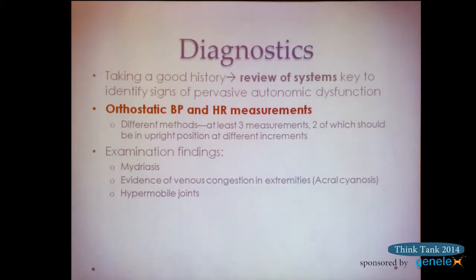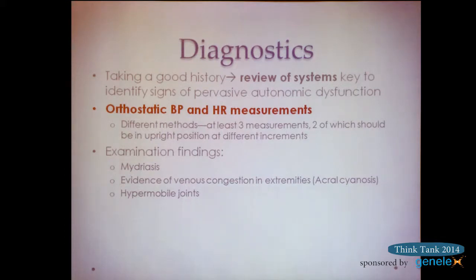There's evidence of venous congestion in the extremities in some patients, so you see this purpley, slightly congested, edematous looking lower extremity. Usually it's more common in the feet than the hands, but occasionally you'll see some hands that look that way. Hypermobile joints, certainly sometimes they walk in with that as the chief complaint, and really they've got a connective tissue disorder that needs to be worked up.